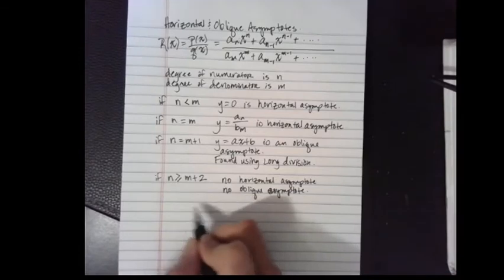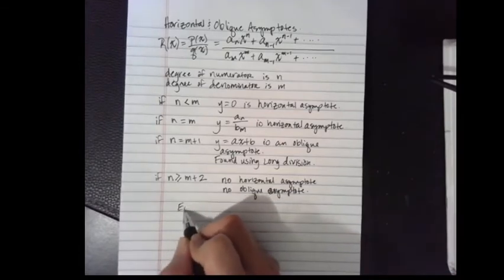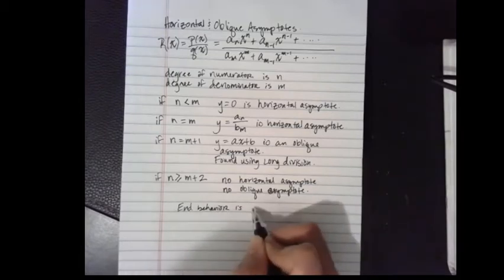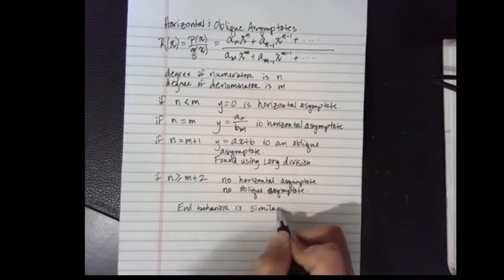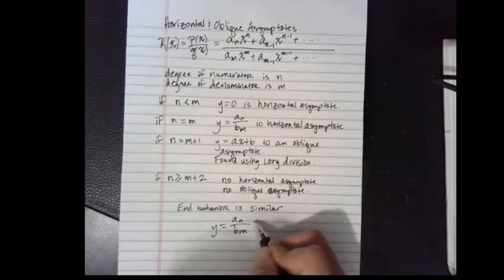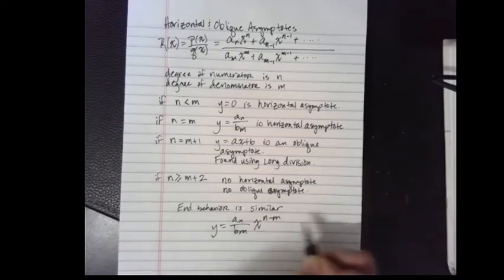You can even say that the end behavior is similar to the power function y equals a sub n divided by b sub m, times x to the n minus m.